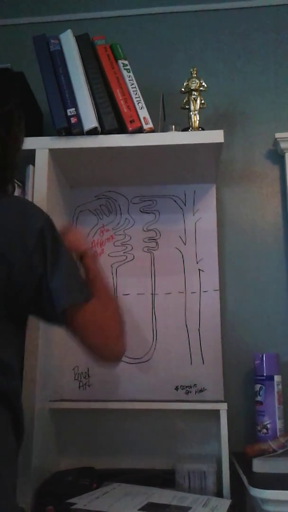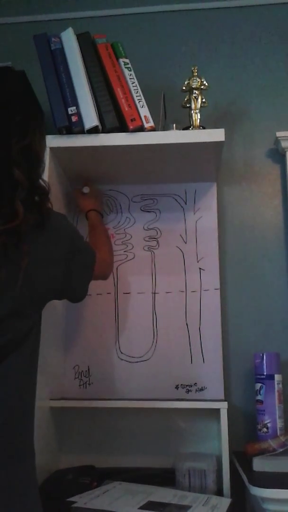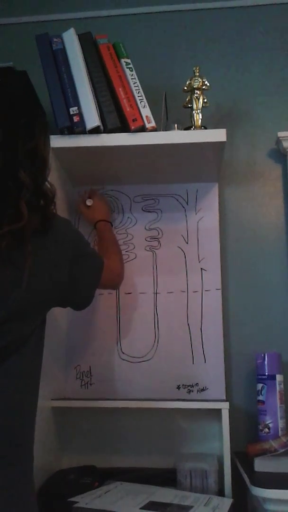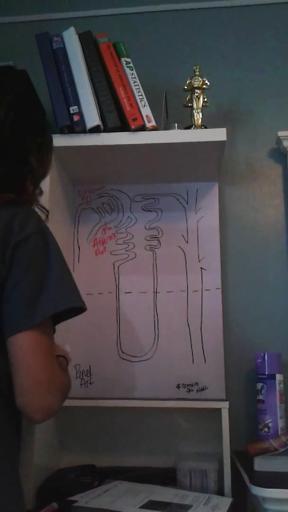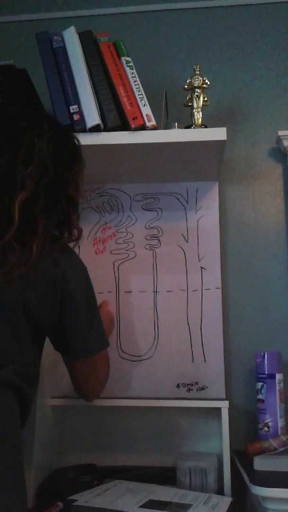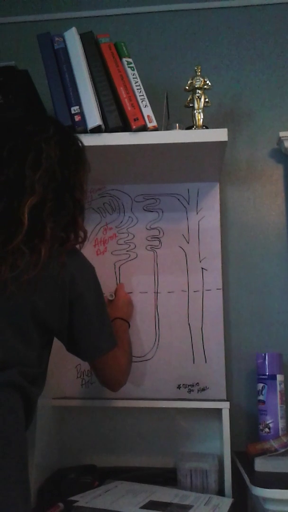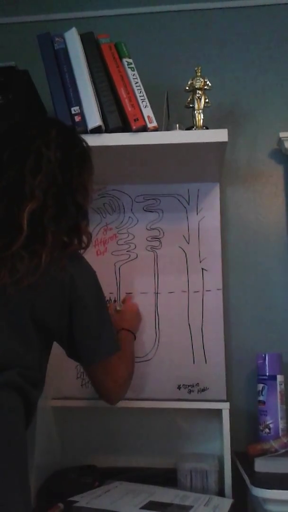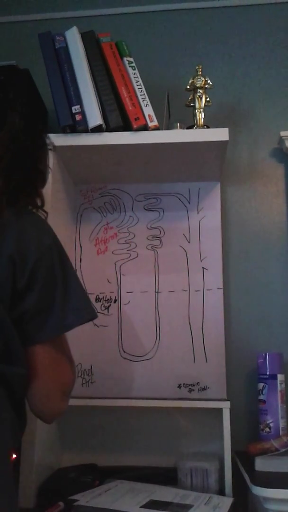Now, when all these things leave the glomerulus, they go into the efferent arteriole, which is this, and they basically start branching off into the peritubular capillaries, which basically surround all of the nephron everywhere over here and even into the collecting duct.